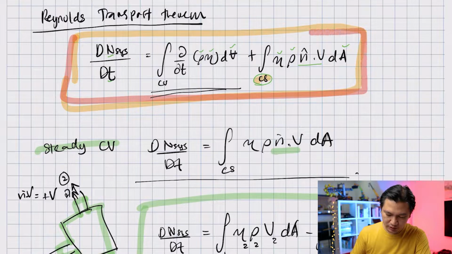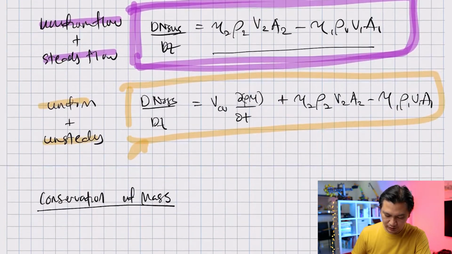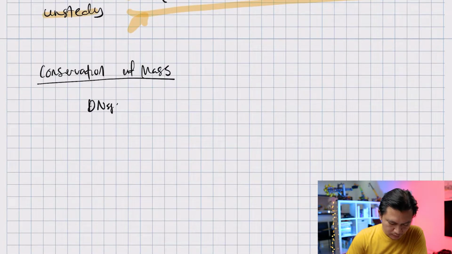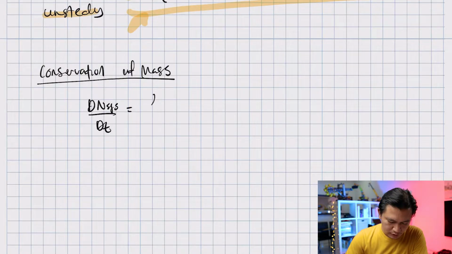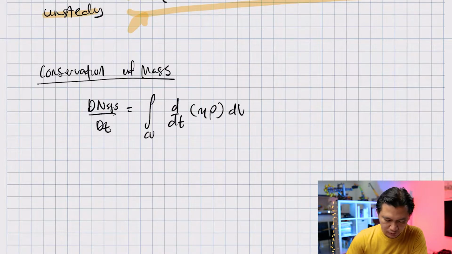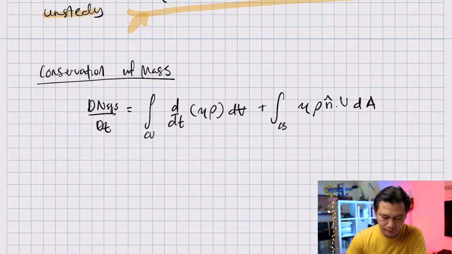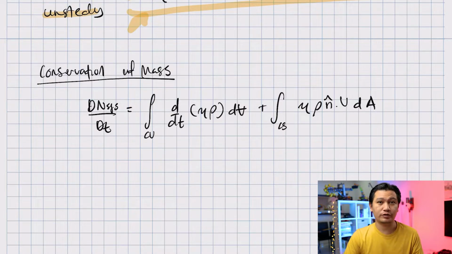This is your original Reynolds Transport Theorem, and I'm going to write it again here: dN system over dt, and remember that N system could be mass, momentum or energy, equals the integration over the control volume of d over dt of eta rho dV, plus the integration over the control surface of eta rho n dot V dA.